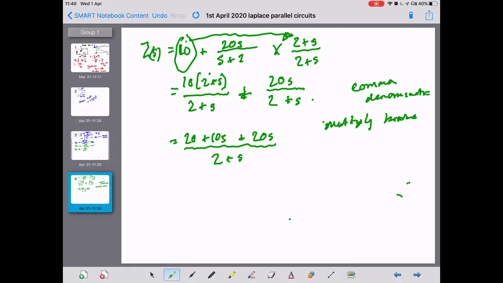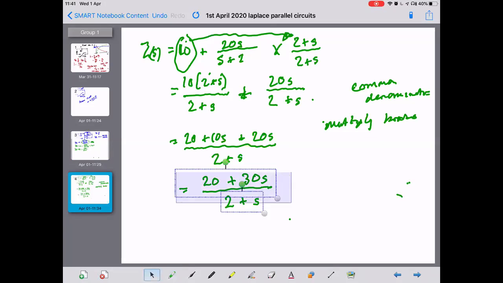So we've got on the top here now 20 plus 30S over 2 plus S. Now we're getting somewhere. Just quick, that wouldn't be... oh no, it would be 30S, because you're adding and not multiplying them. So we got 2 S terms, we can add them together to simplify. Now we can put that into the expression for I. So I'm just going to take that.